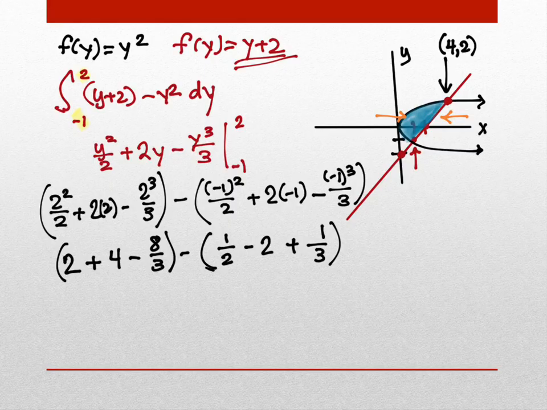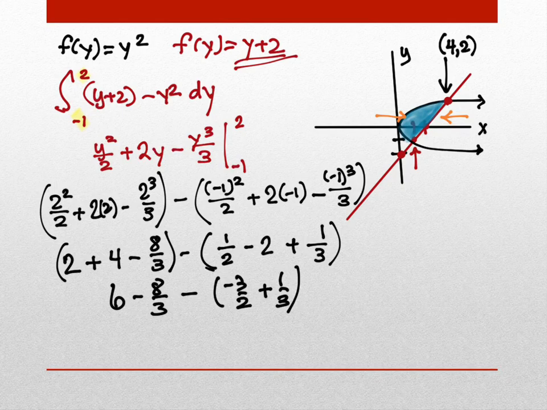Consolidating some pieces. This is going to be 2 plus 4 is 6, minus 8/3. Minus, let's see, I have 1/2 and -2. That's -3/2. And then I have plus my 1/3 here.